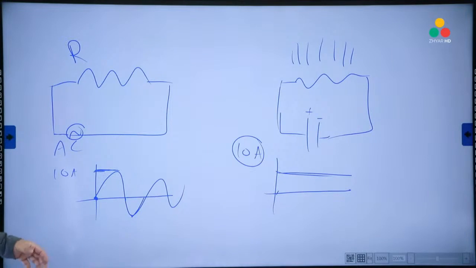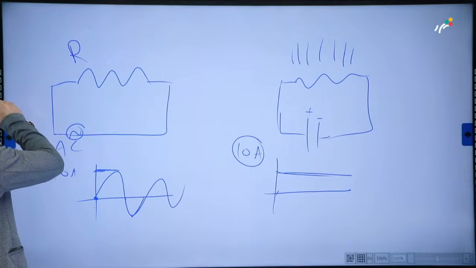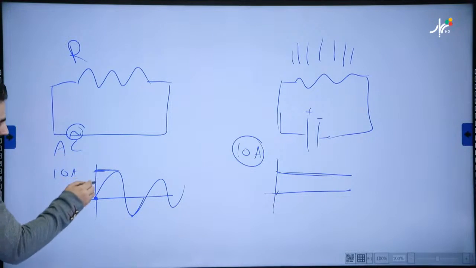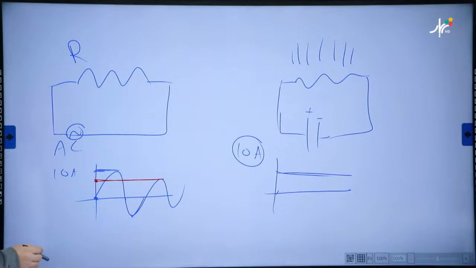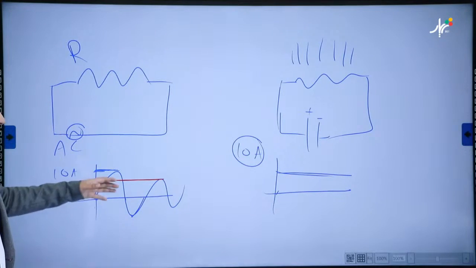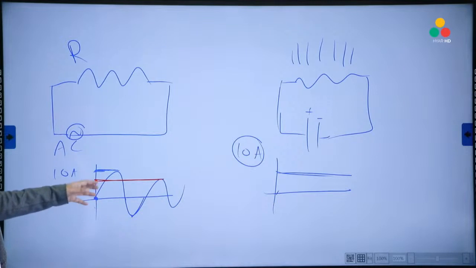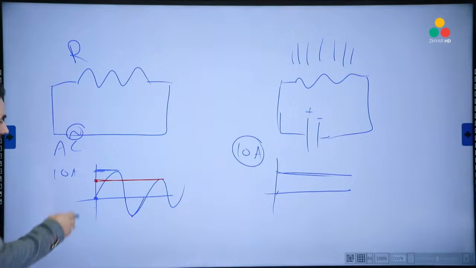But if we take an average for this one here, we will have a value that is close to this one. The average is going to be a value right at this point here.